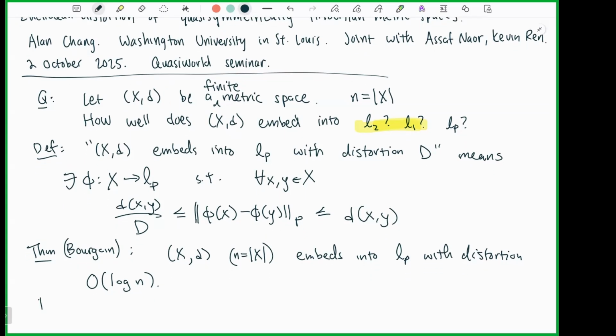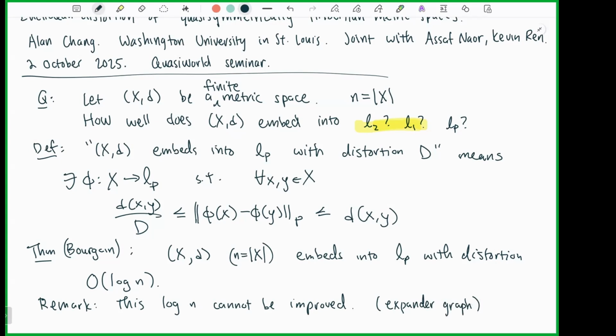The remark is that this is sharp. This log n cannot be improved. The kinds of spaces that attain this sharpness are expander graphs, like constant degree expander graphs.